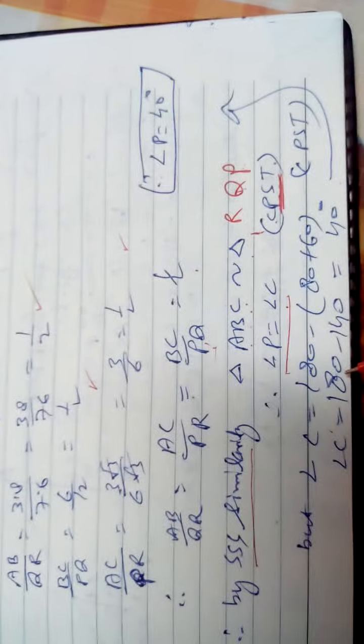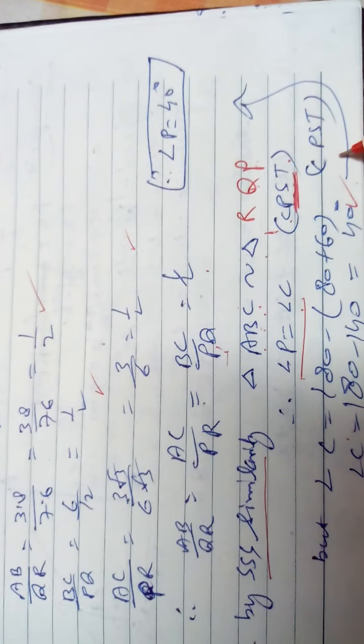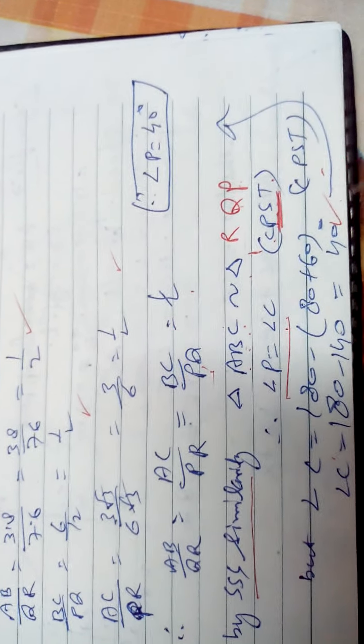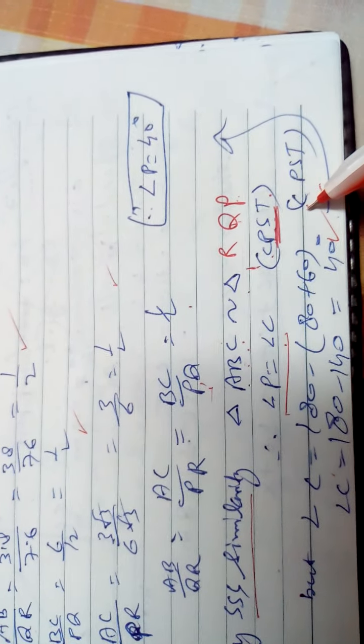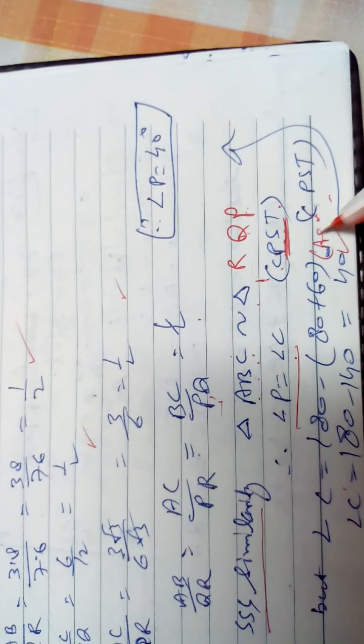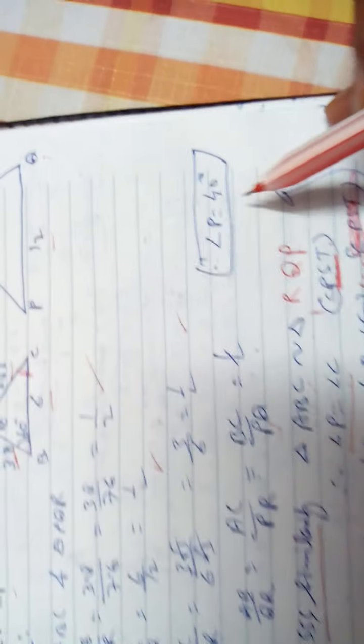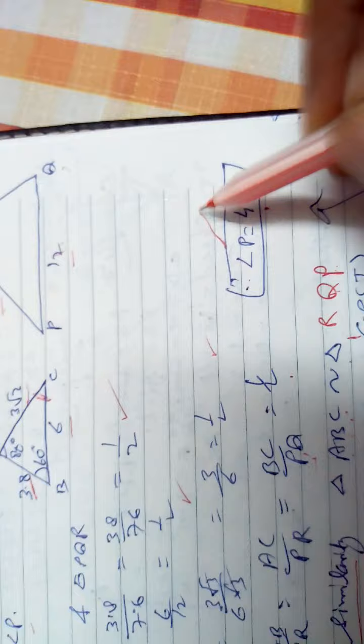By ASPT, you are calculating, C is coming 40 degrees. ASPT, angle sum property of triangle. You are getting C by ASPT, and C is equal to P. That's why P is also 40 degrees.